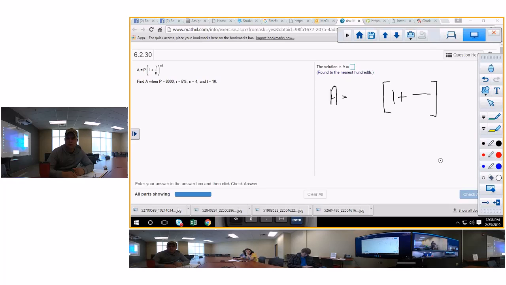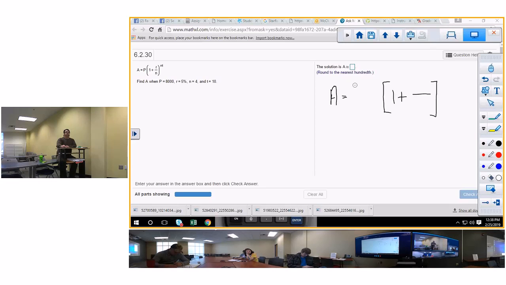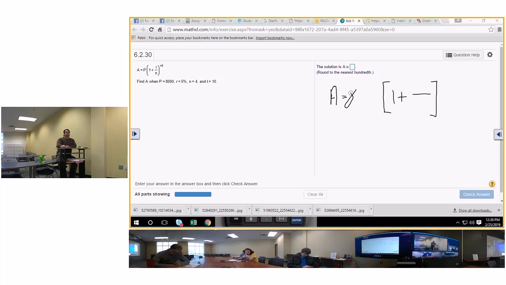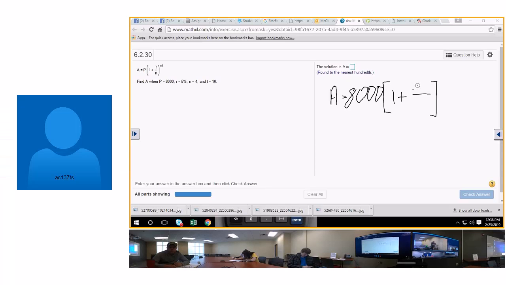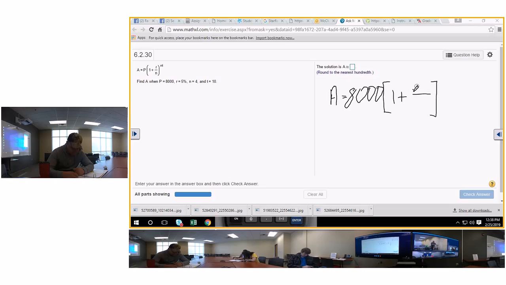P is equal to 8,000. R is 0.05. Write with the mouse.